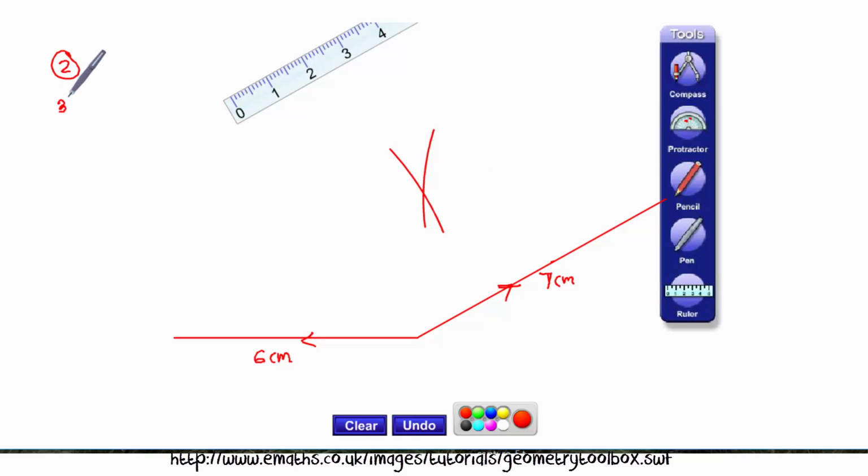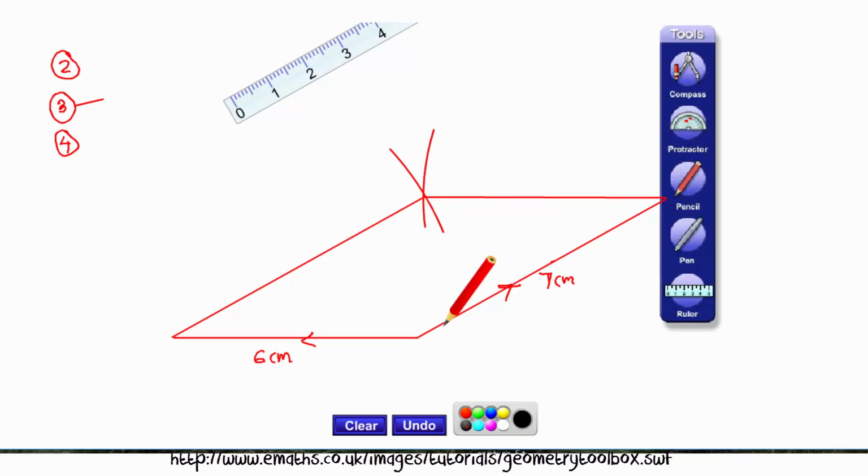I'm done with my third step, which is to complete the parallelogram. You can see that like this I have completed my parallelogram. If you remember the fourth step, I need to draw a diagonal that starts from the starting point of these vectors and goes to the other end.